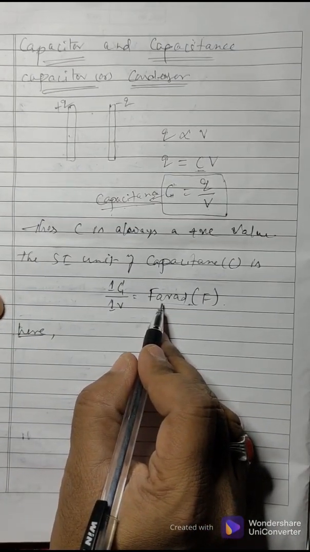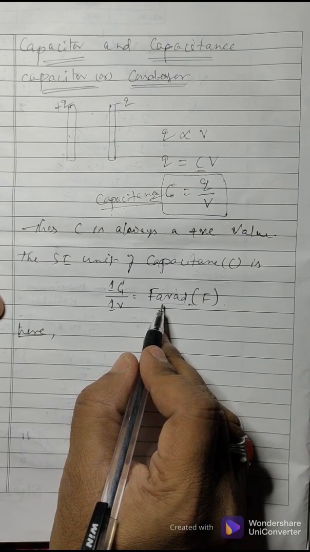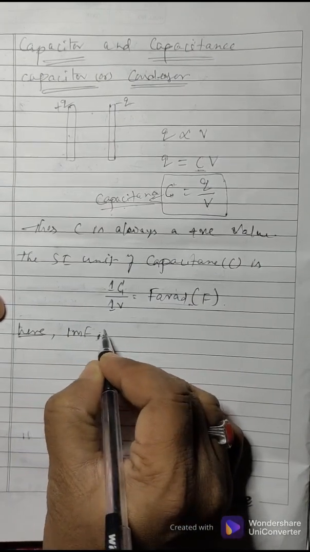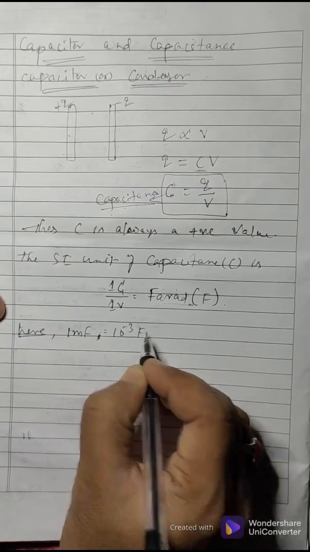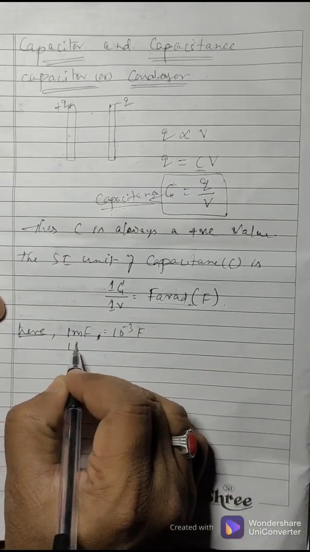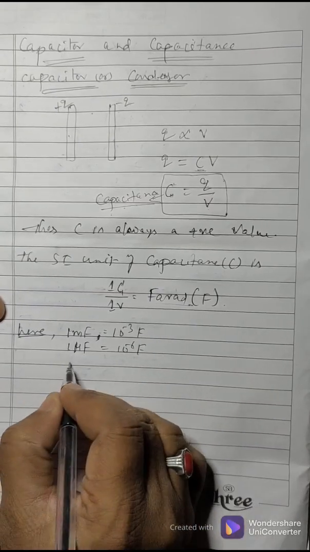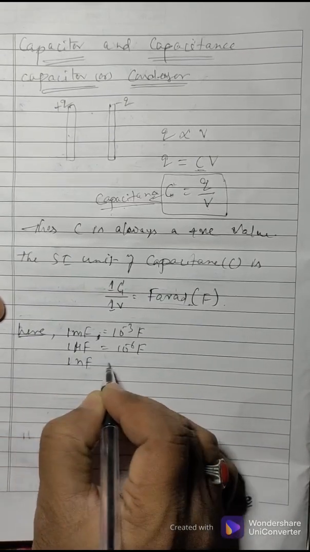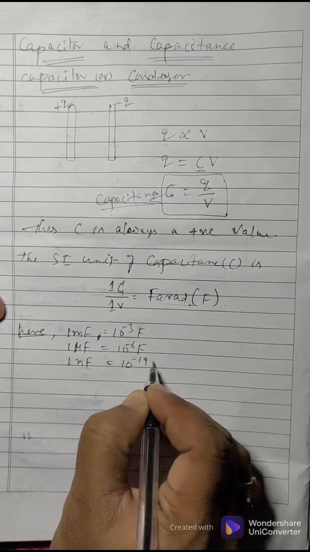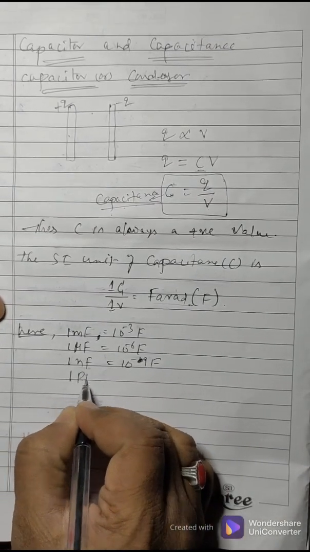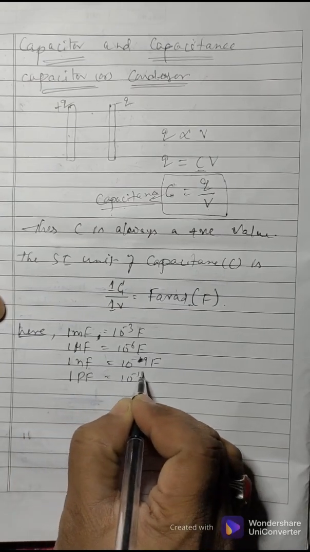So we consider smaller units, like 1 millifarad, which equals 10 power minus 3 farad. Similarly, 1 microfarad is 10 power minus 6 farad, 1 nanofarad is 10 power minus 9 farad, and 1 picofarad is 10 power minus 12 farad.